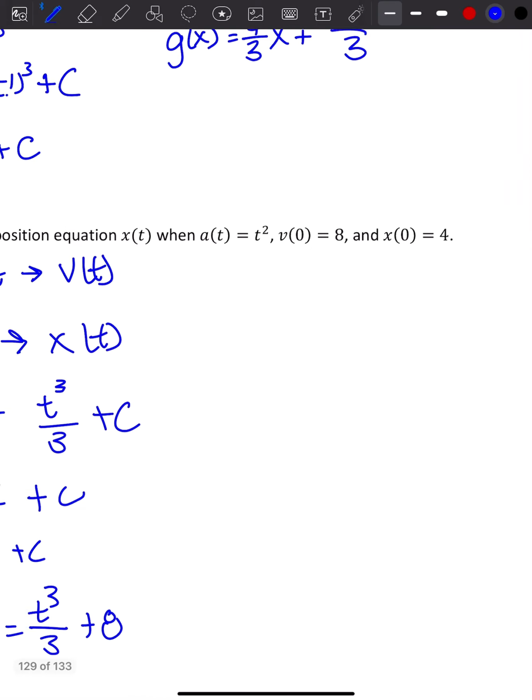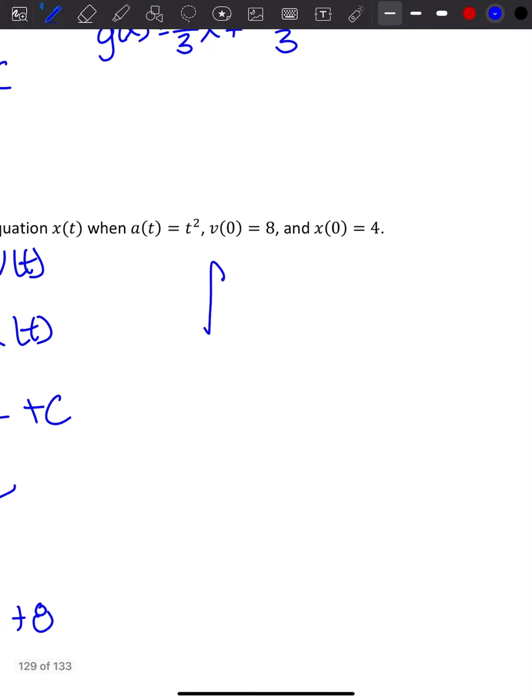So this is what we're going to take the integral of. So we have the integral of t cubed over 3 plus 8 dt. We take the integral, we add 1 to our exponent, so we now have t to the 4th, and we're going to divide that by 4.